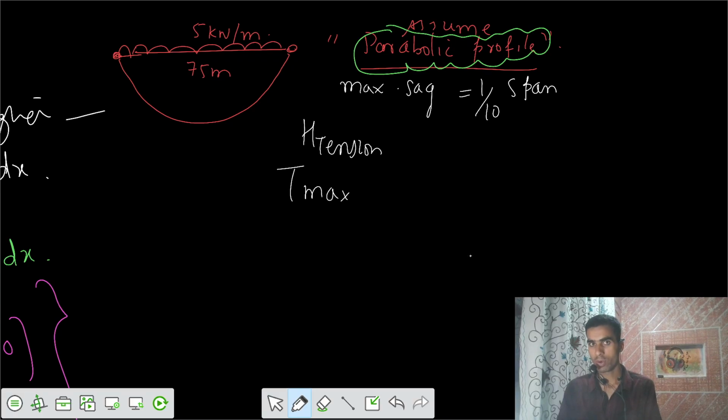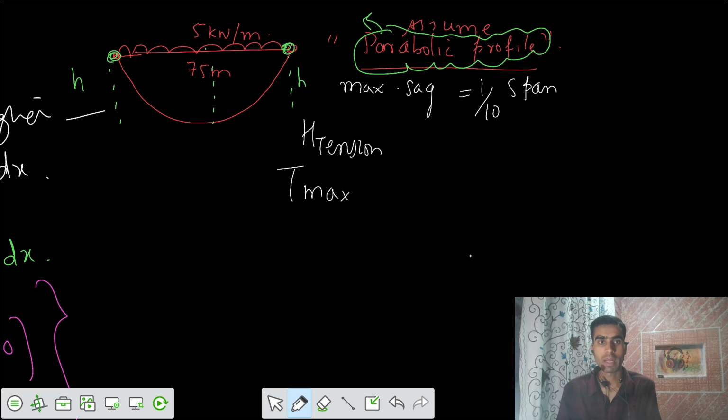Assume the parabolic profile, and because the supports are also at the same level, the load would produce a profile that is symmetric about the center. Because of that, I would say H1 would be equal to H, H2 would be equal to H.